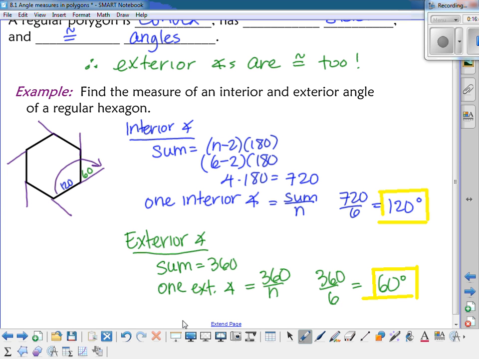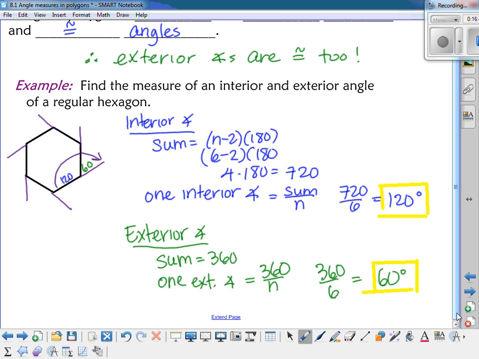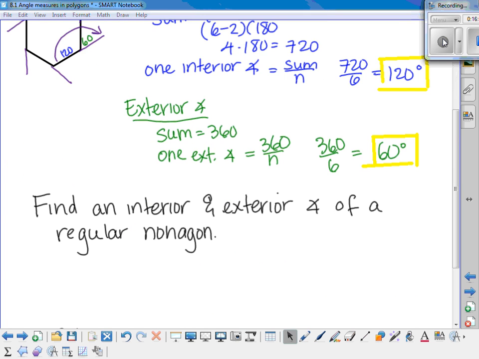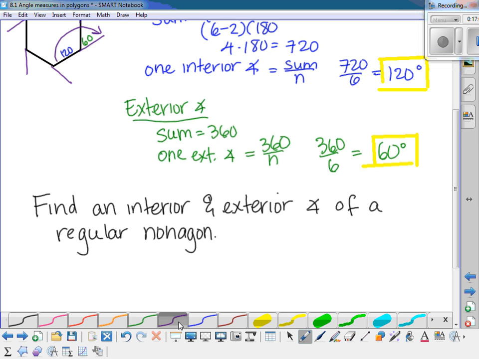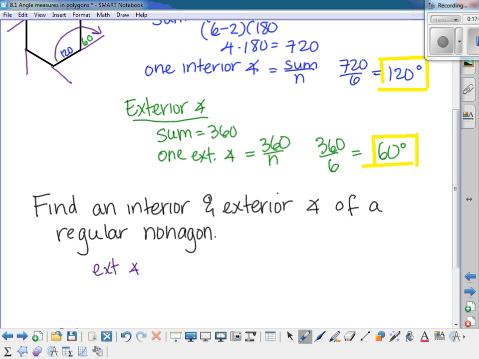So I've got another example for you to try on your own here. Okay, so we're going to find the interior and exterior angle of a regular nonagon. This time, try finding the exterior angle first.